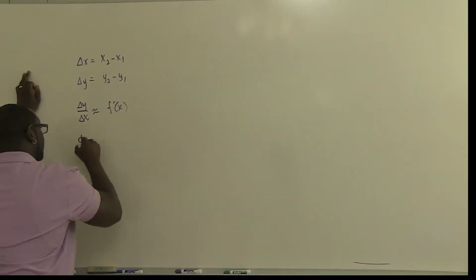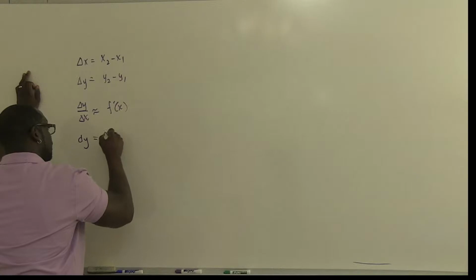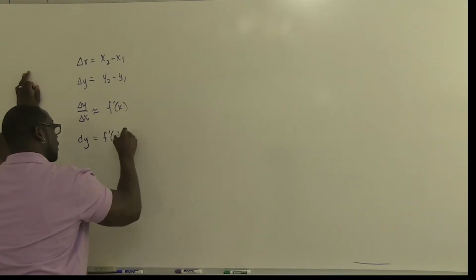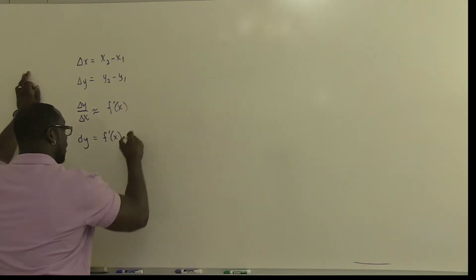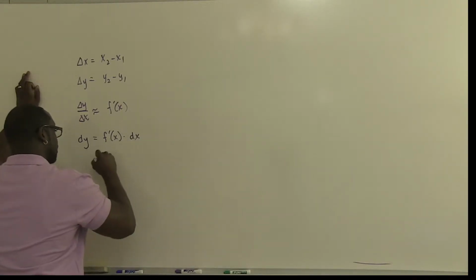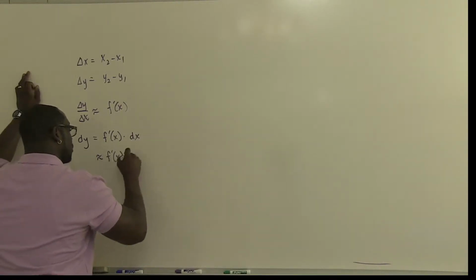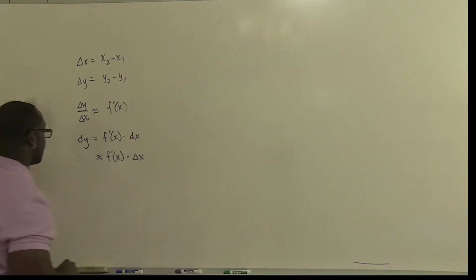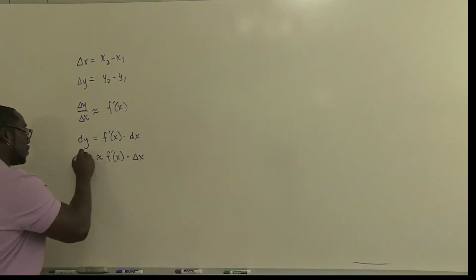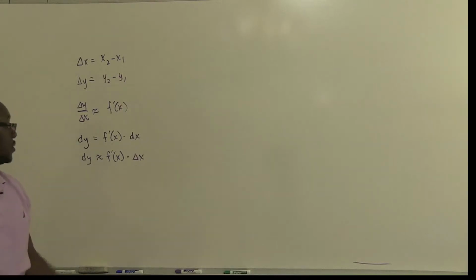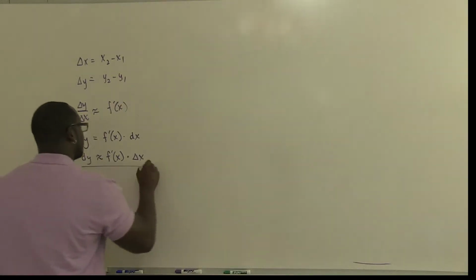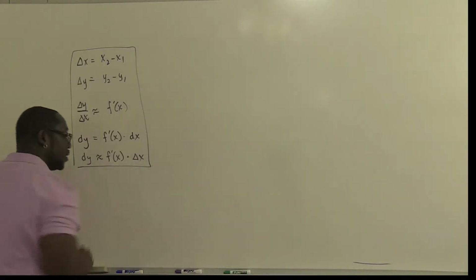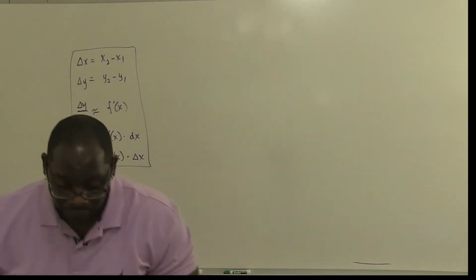And we know if we want to find the differential, this could be found by doing this, which is approximately equal to that. And so from everything that we've done, this is what we've got. So we're going to use this to do our examples here.